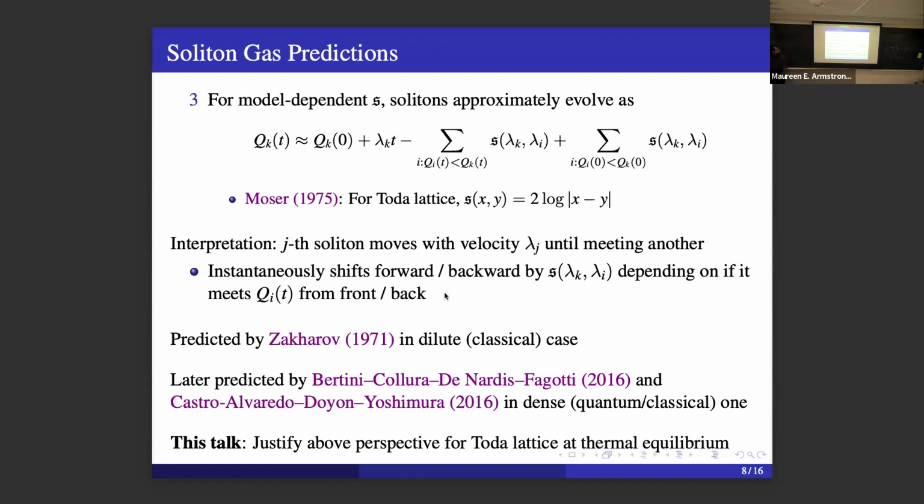This was predicted originally in the physics work of Zakharov around 55 years ago, in the case of a classical integrable system called the KdV, or Korteweg-de Vries equation. He was looking at a case when the density, the number of Qs, is very small.